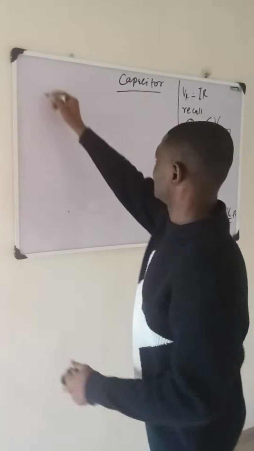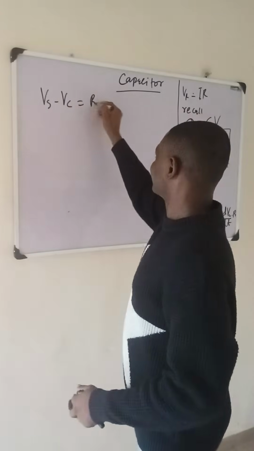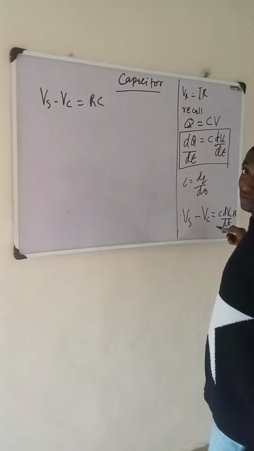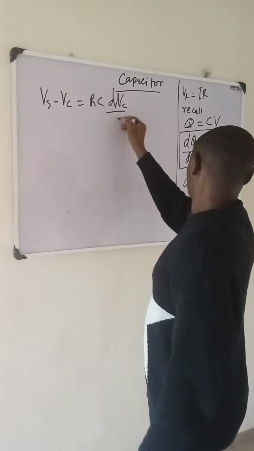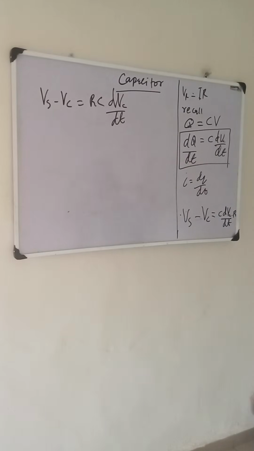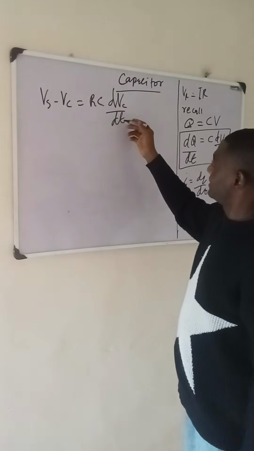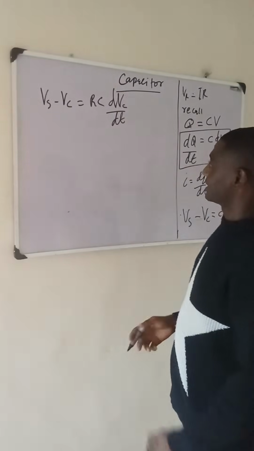You can write this as Vs minus Vc is equal to RC dVc/dt. Let the resistor come for the dVc/dt. Now it is easier for you to see that from here we can divide both sides by RC.